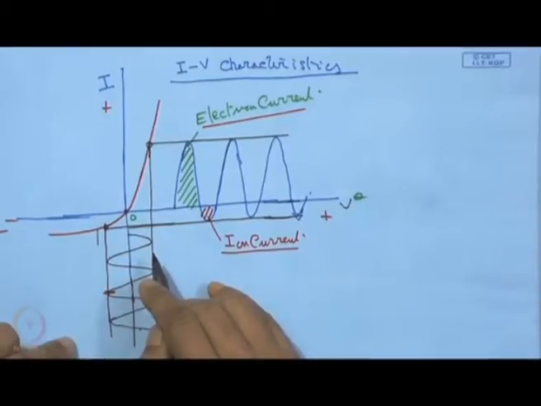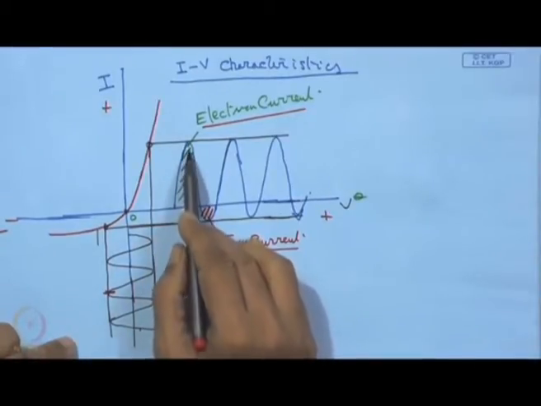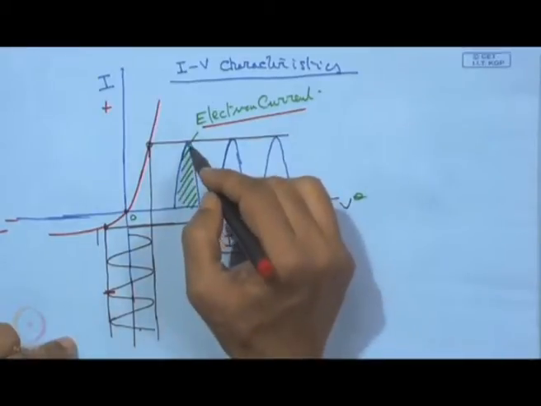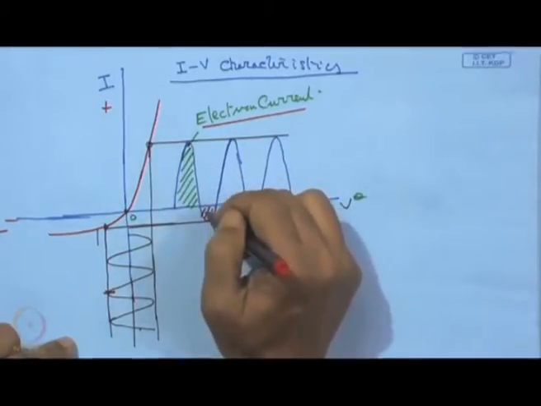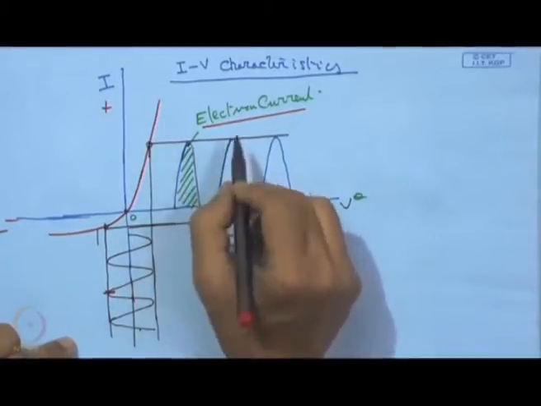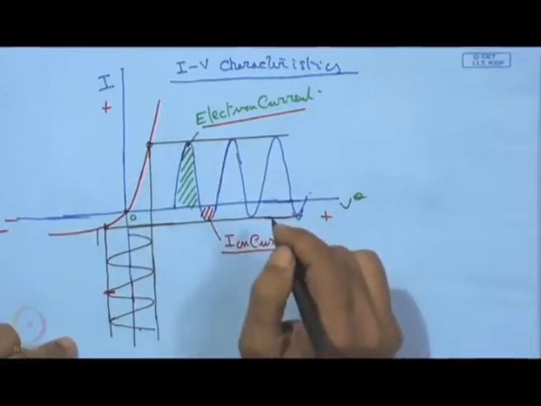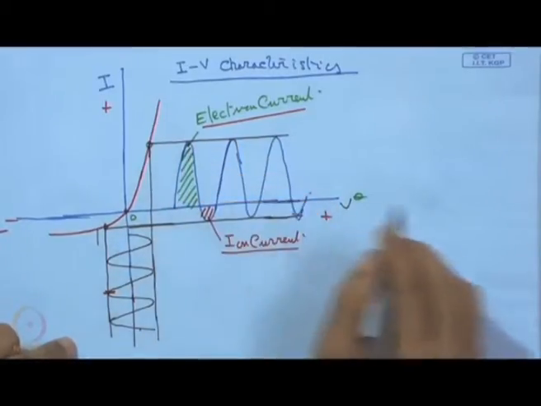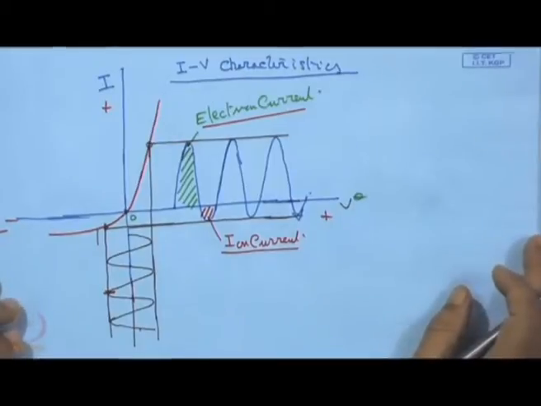That means the area under this curve or peak from this baseline is quite different. Here we have excess electron current, which should not happen physically in practice.